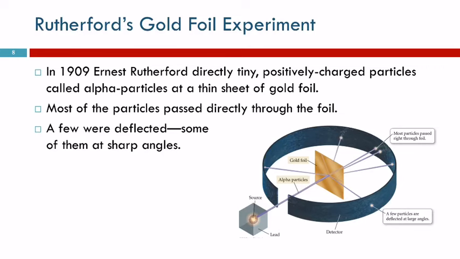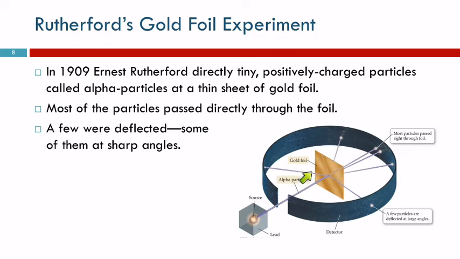So he took a source of alpha particles, which are tiny positively charged particles, and he directed this beam of alpha particles at a very thin gold foil. And then he has this detector around the foil, and this can detect if those particles go through, where they went, because the particles are too small to see. But they make little tiny specks of light when they hit this detector.